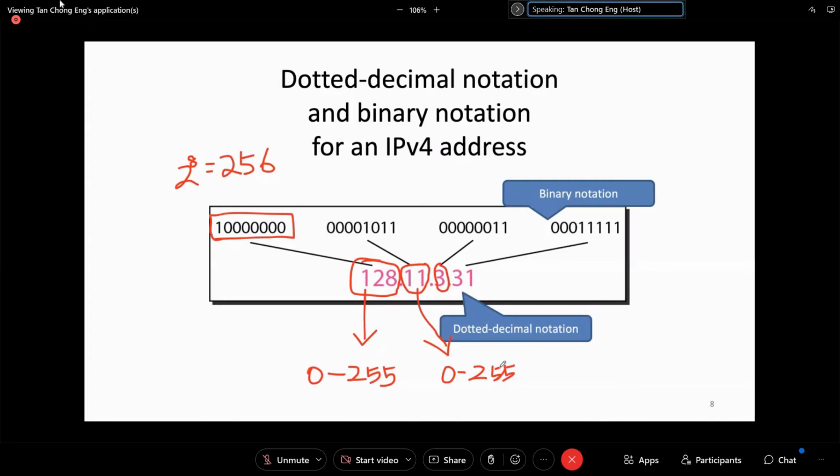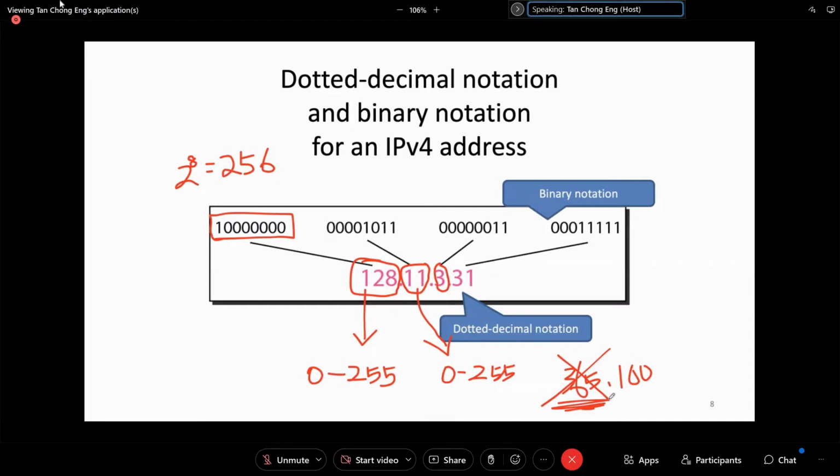Right. So if you write any number that is larger than 255, then it will become an invalid address. So let's say if you want to write something like 365, okay, my IP address is 365, dot something, dot 100. This address is wrong. There's no such thing as 365. Maximum you can have is 255. Right? So you must understand this because each of the octets is only 8 bit. 2 power of 8 equals 256.